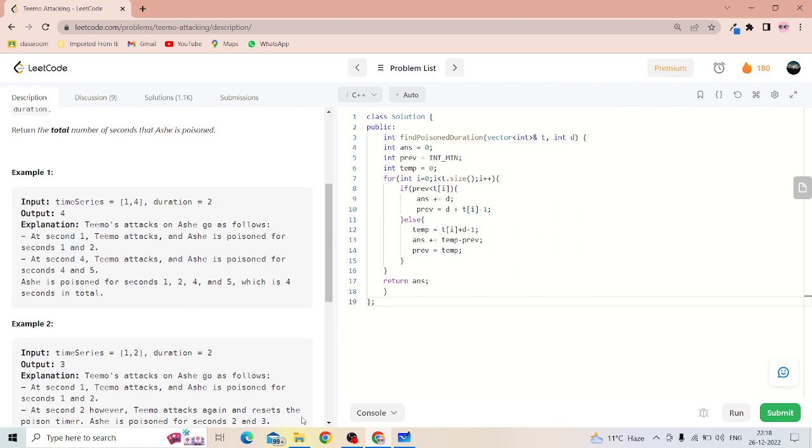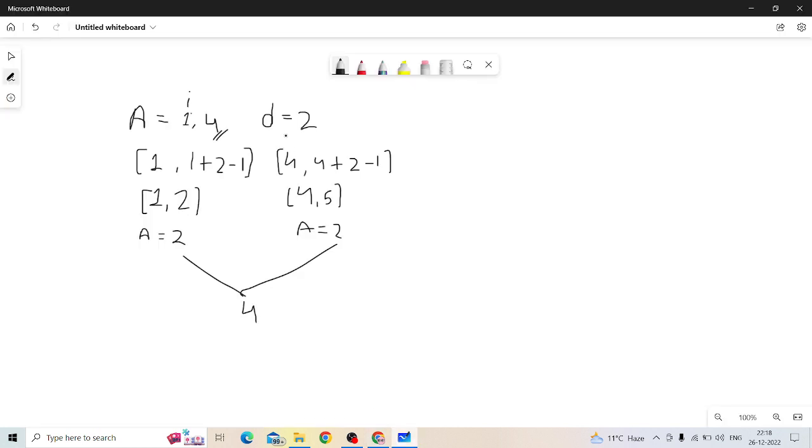But now, let's say the time series is 1 and 2 and duration is 2. Then what is the answer? For the first second, what will we do?